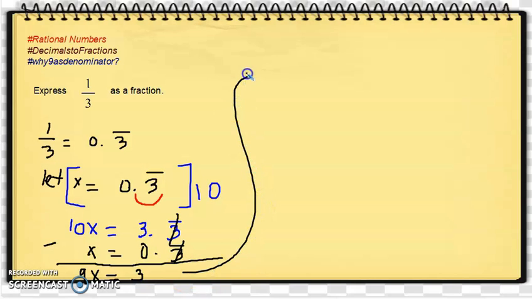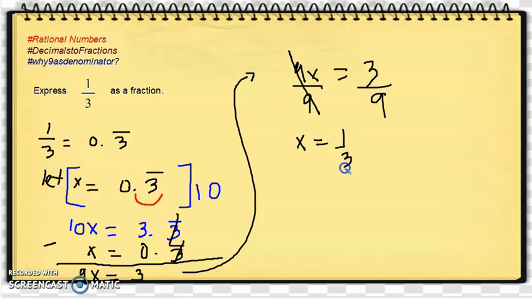Then from 9x equals 3, we are going to solve for x. We divide both sides by 9, and then we cancel out 9 there. So we have x, and on the right side is a fraction, 3/9, that when simplified is 1/3. And there you have it.